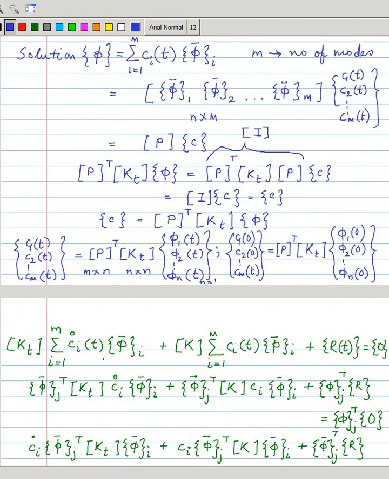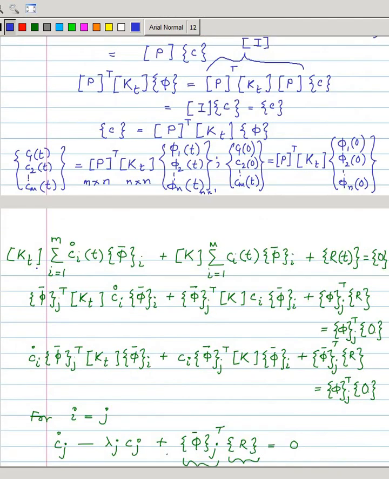So you get this dot t phi, and this is ci t phi I, and this is 0. Now you just pre-multiply it with phi j transpose. I made a mistake here: this is bar, this is bar.